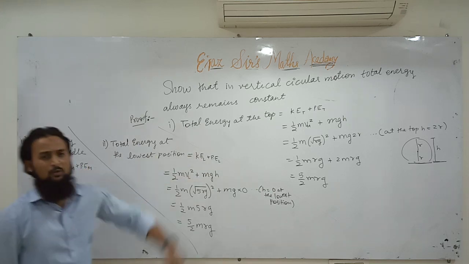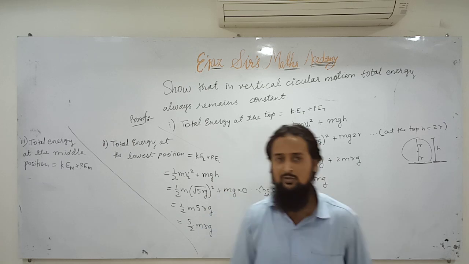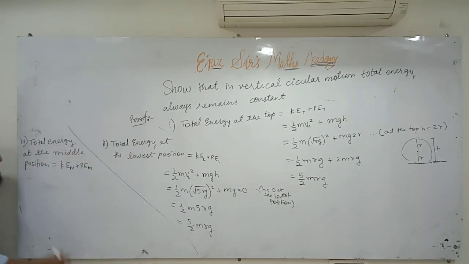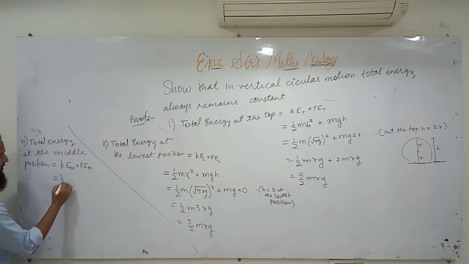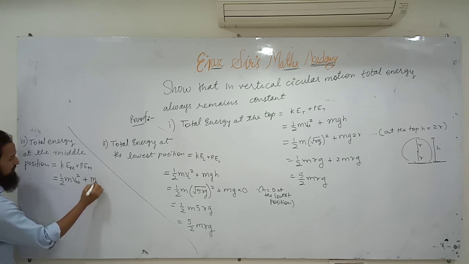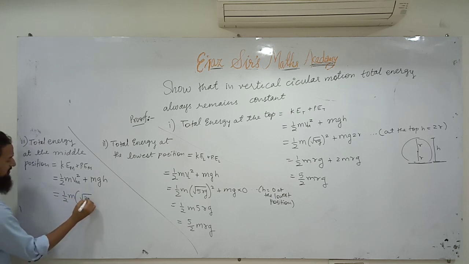When the stone is performing vertical circular motion, it does not have sound energy, light energy or heat energy. It has kinetic energy plus potential energy. So its kinetic energy will be half m velocity at the middle position square plus potential energy mgh. And how much is the velocity at the middle position?